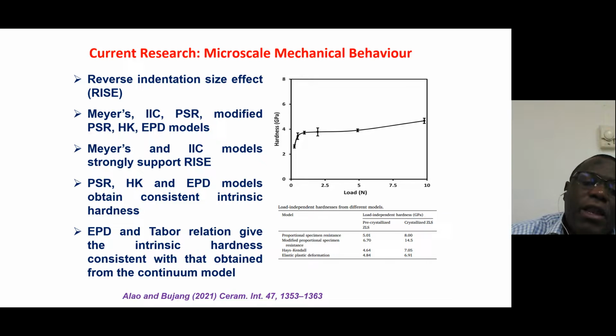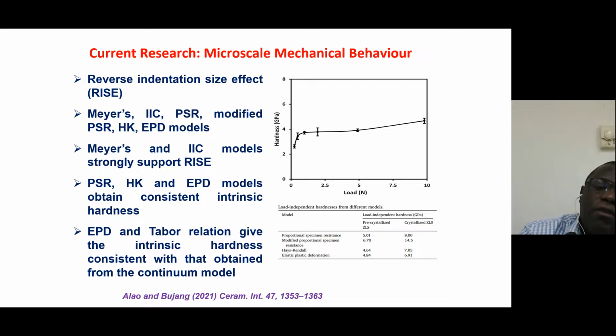So if the hardness increases as the load is increased, that is known as reverse indentation size effect. And if the hardness of the material reduces as the load increases, that is known as normal indentation size effect.